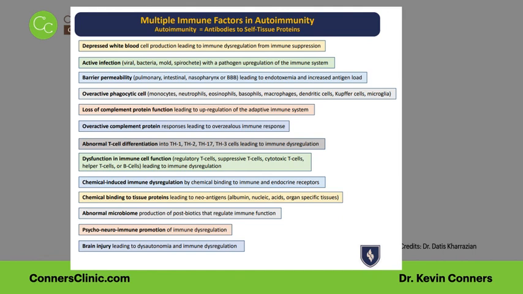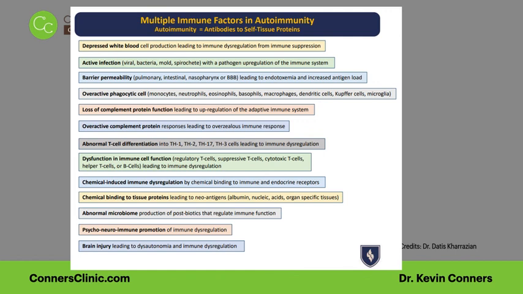So we can go through these again. We talked about this slide already. These are things that are taking place. Some people could have depressed white blood cells and loss of complement system and chemical binding to tissue protein. For some people, that is their major issue.